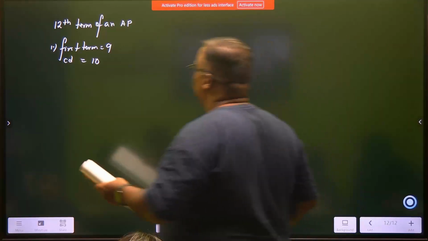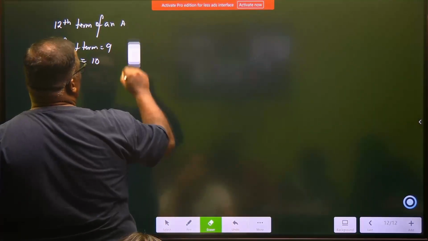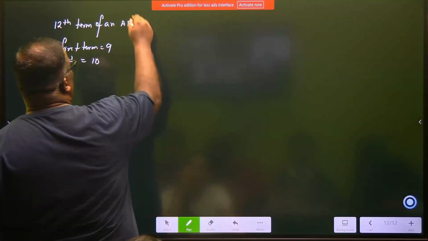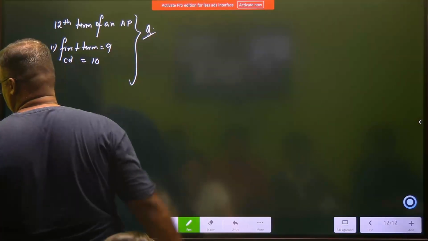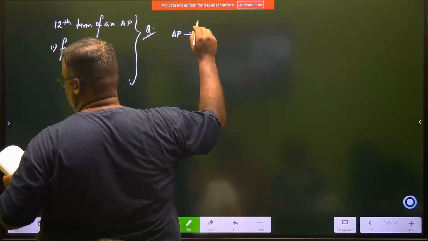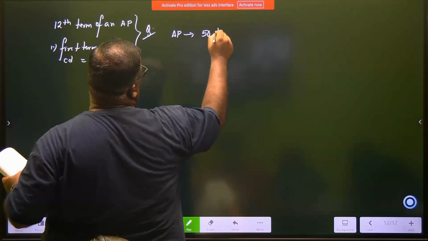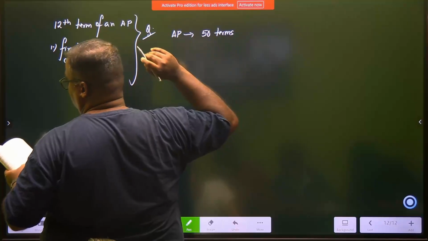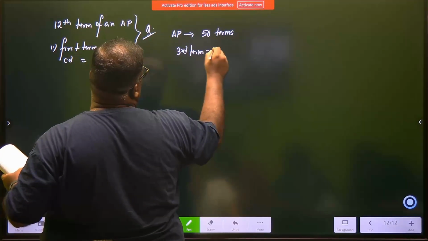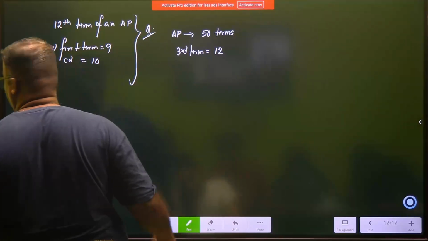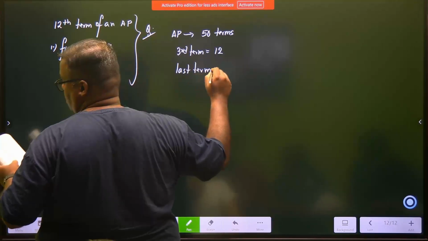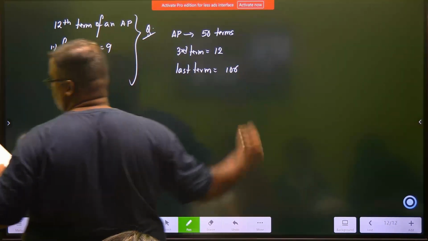Now, dangerous problem. I'll give you one. Okay. Dangerous problem. Question. I have an AP, and this AP has got 50 terms, in which third term is equal to 12 and last term is 106.